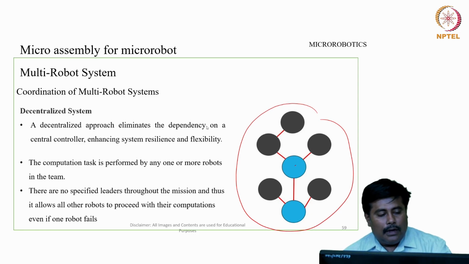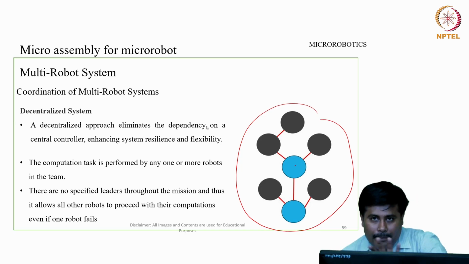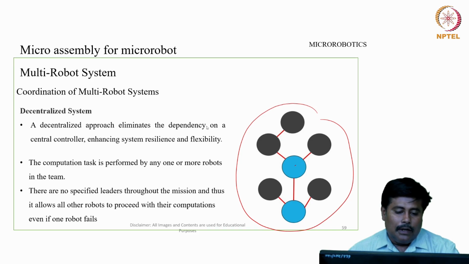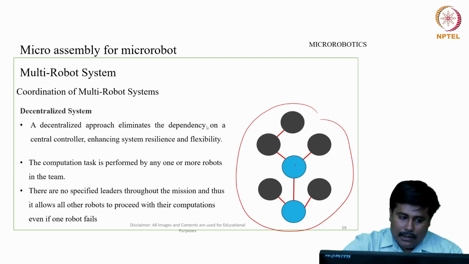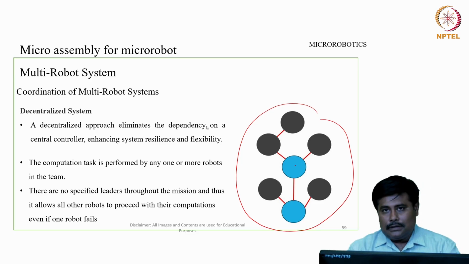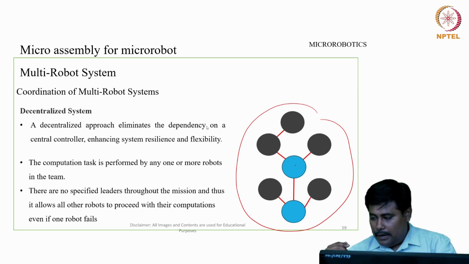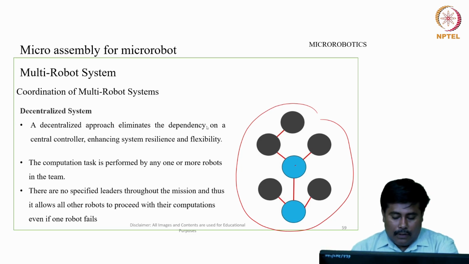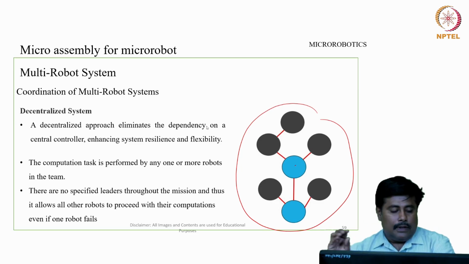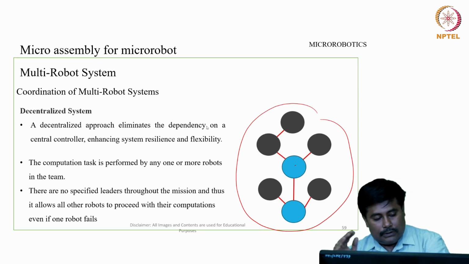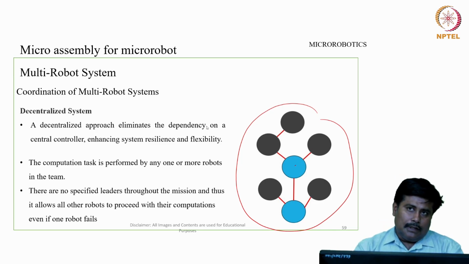Similarly, when we talk about a decentralized system, as far as coordination of multi-robot is concerned, a decentralized approach eliminates the dependency on a central controller and enhances the system resilience and flexibility. The computational task is performed by one or more robots in the team.